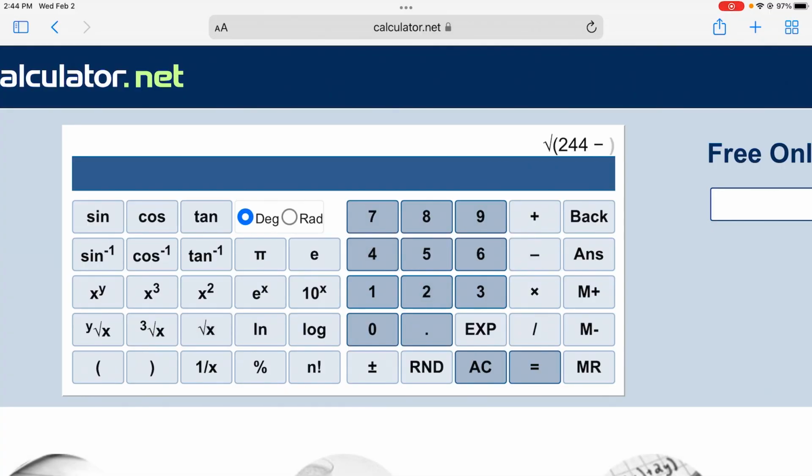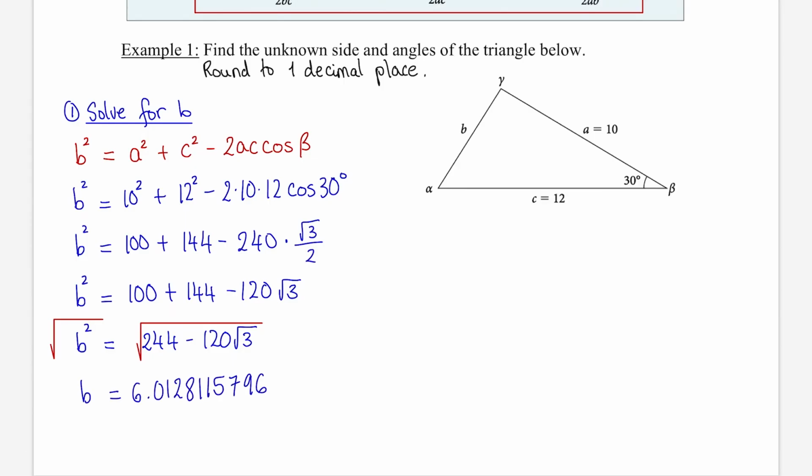Square root of 244 minus 120 times square root of 3. My answer is 6.0128115796. And the question asked me to round to one decimal place. So that is 6.0.